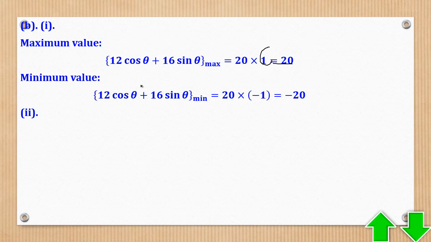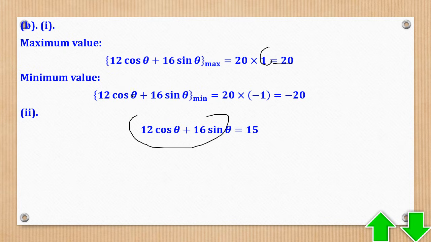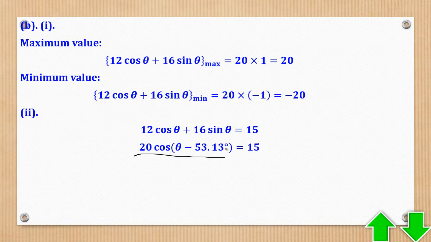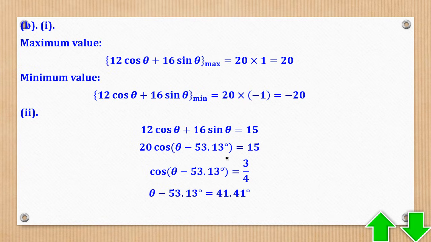And that's what they wanted. Then solving, you realize that this one is similar to this. So you replace it with the expression you got in part A. Then bring this 20 this side. Then I can now use a calculator to get the inverse cos of 3 over 4 to give me that.